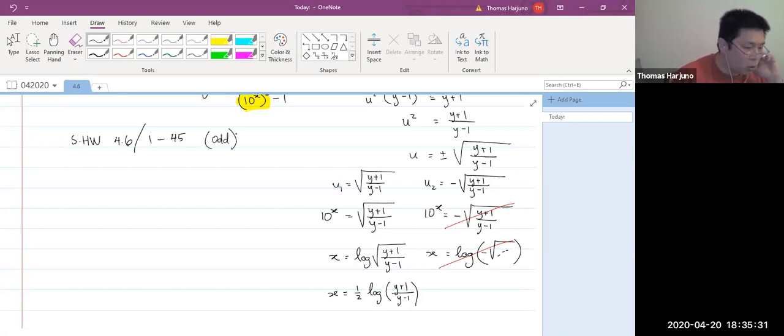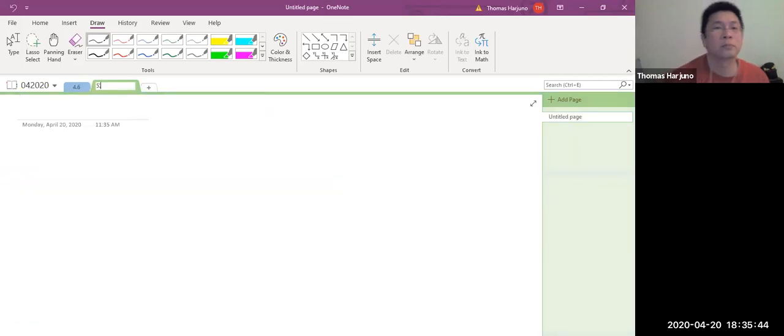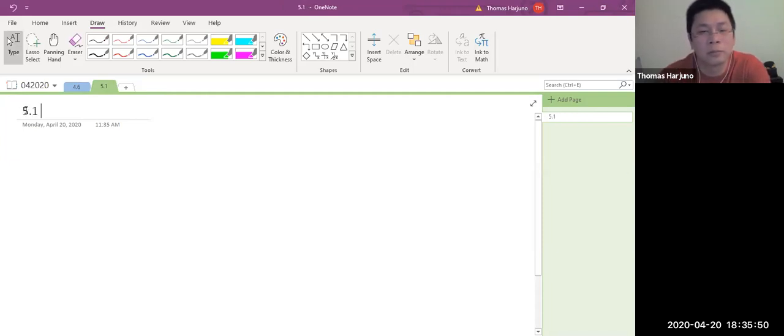Now, let me go on to 5.1. 5.1 is actually a section you can just read, but there are things I want to emphasize. 5.1 is on angles. What is an angle?